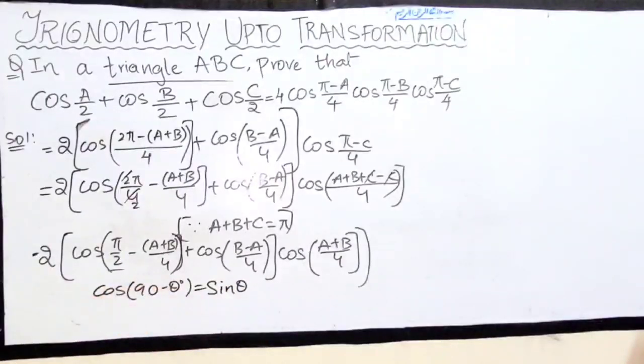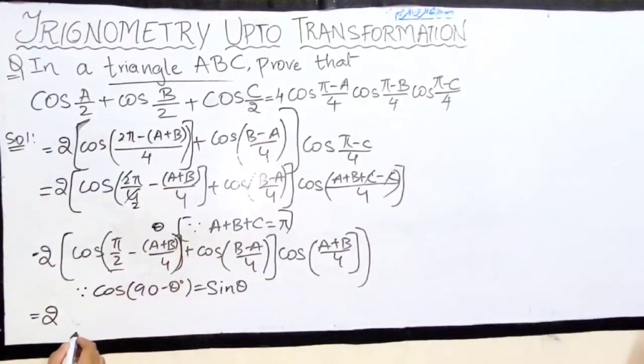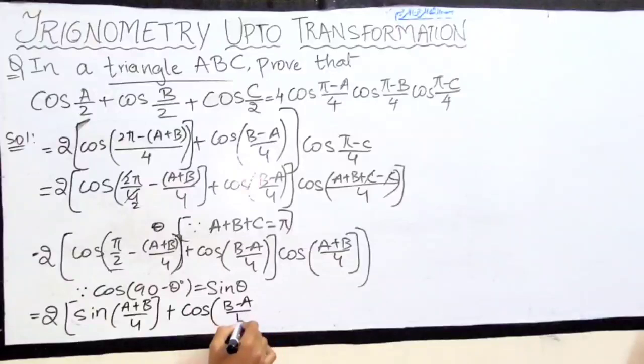This complete angle is taken as theta, so the theta here is (a plus b) by 4. Now we can write this in terms of sin theta: sin of (a plus b) by 4 plus cos of (b minus a) by 4.